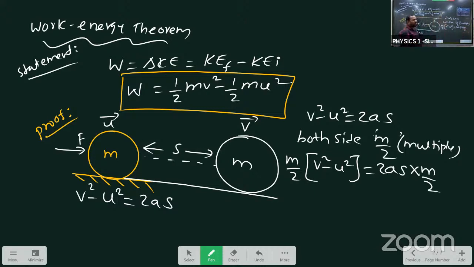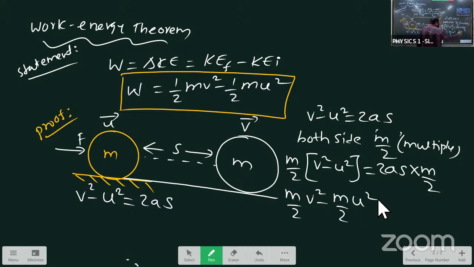Why are we multiplying? From this multiplication we get one more step. Left side m by 2, right side m by 2, so mathematically both are balanced. On the left side we get m by 2 into v square minus m by 2 into u square.